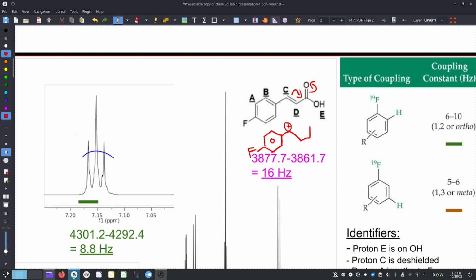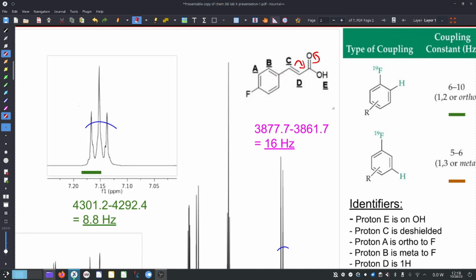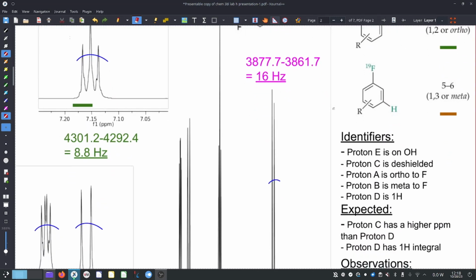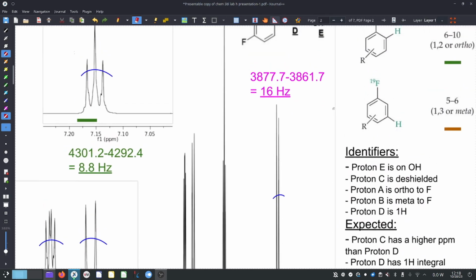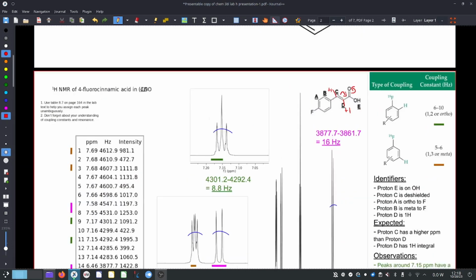This is the resonance structure, and because this one is now positive, this is deshielded, and what deshielded means is that it has higher ppm on the spectra. So keeping that in mind, we're going to expect that because proton C is deshielded, it has higher ppm, and also that C and D both have integral 1H, because remember, this is the starting material, there's only one hydrogen on those two carbons.